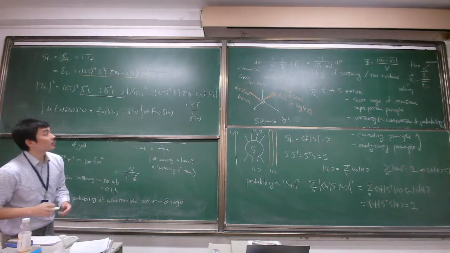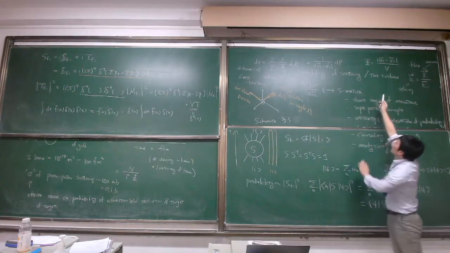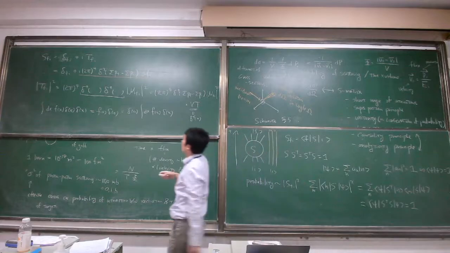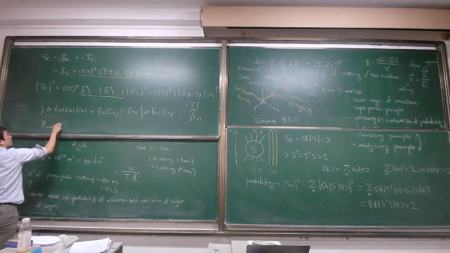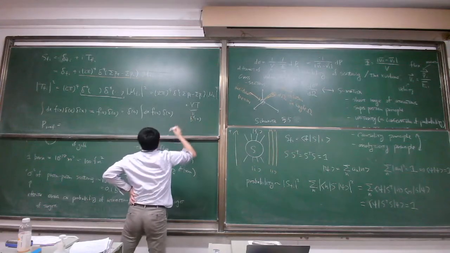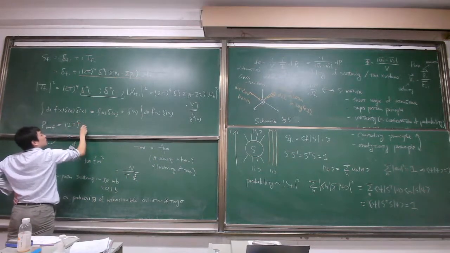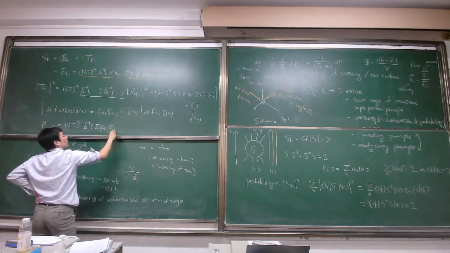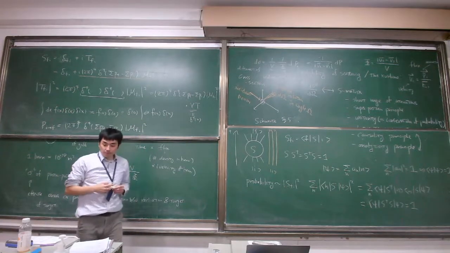And now, as I mentioned here, we would like to understand the probability of scattering per time and per volume. Per time and per volume. So therefore, P_FI, the probability that I goes to F, is indeed equal to, you have to divide it by V times T, which means 2 pi to the fourth delta 4 of sum of PF minus sum of PI and then the amplitude M_FI squared.